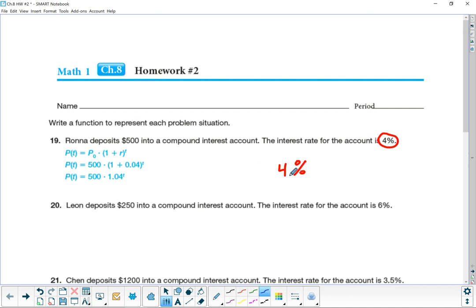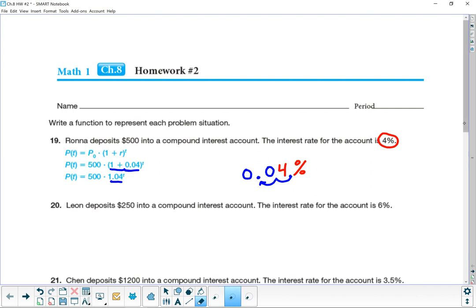The decimal is right here currently, and you need to move that decimal 2 times to the left, so your decimal will end up being right here, which means it would be 0.04. That's why it has it right here. Then they just combine 1 plus 0.04, which makes 1.04. Then don't forget your t.